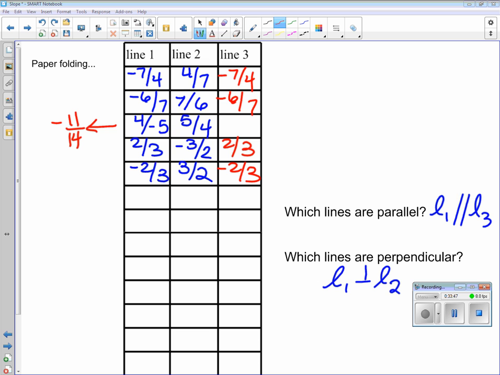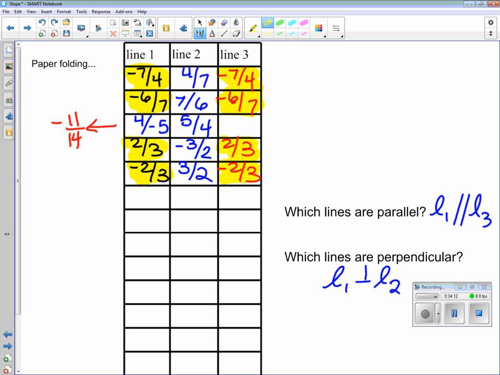So what are you noticing about lines 1 and lines 3? They have the exact same slope. Now, these 2 might be a little bit off because I'm not really sure. Maybe the folding wasn't exact. That's okay. But we should have a pattern here.